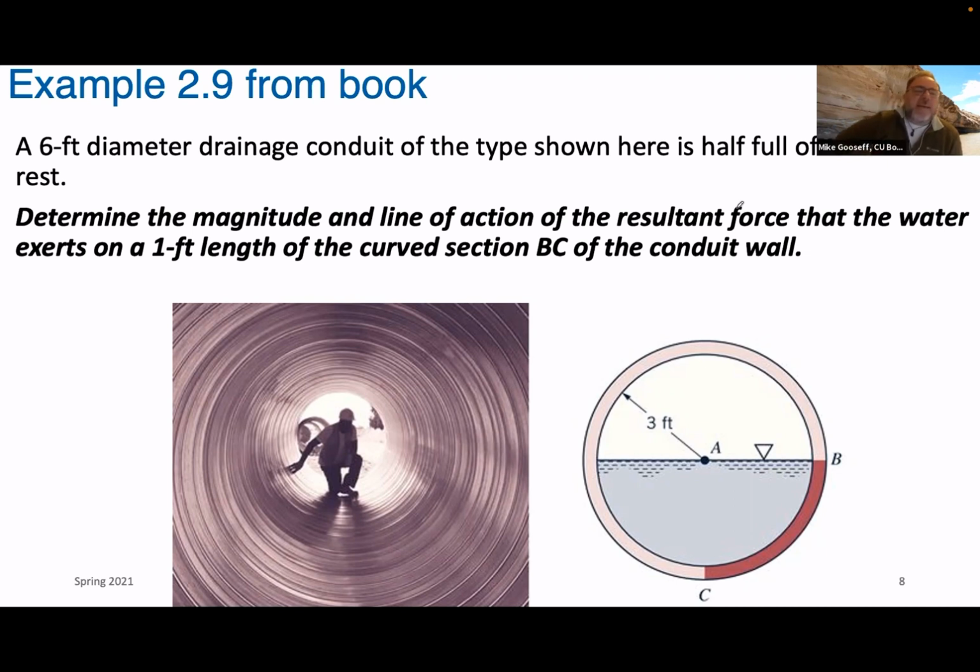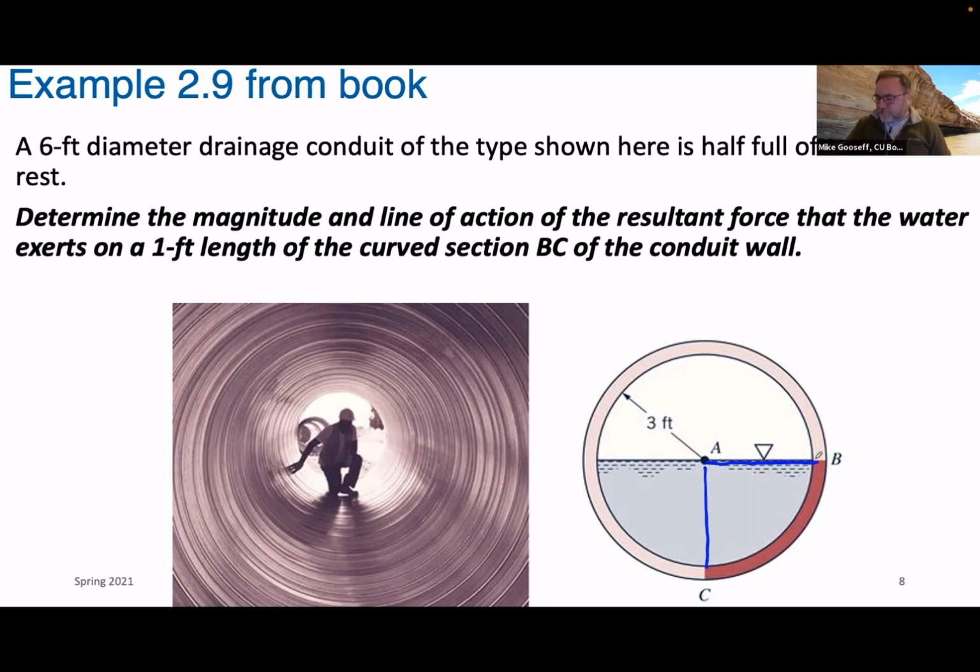So the question is, can we determine the magnitude and line of action of the resultant force that the water exerts on a 1-foot length of the curved section BC of the conduit wall? Here you can see we're again going to have this little quarter-circle wedge that's about a quarter of the total circle's cross-sectional area.